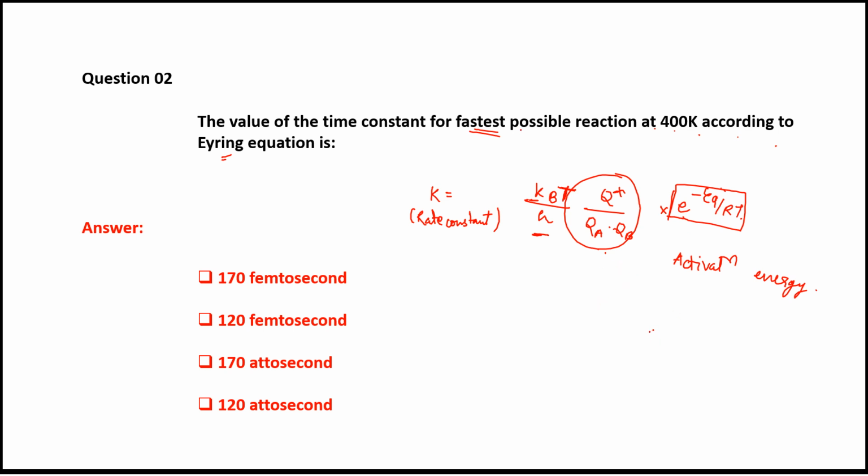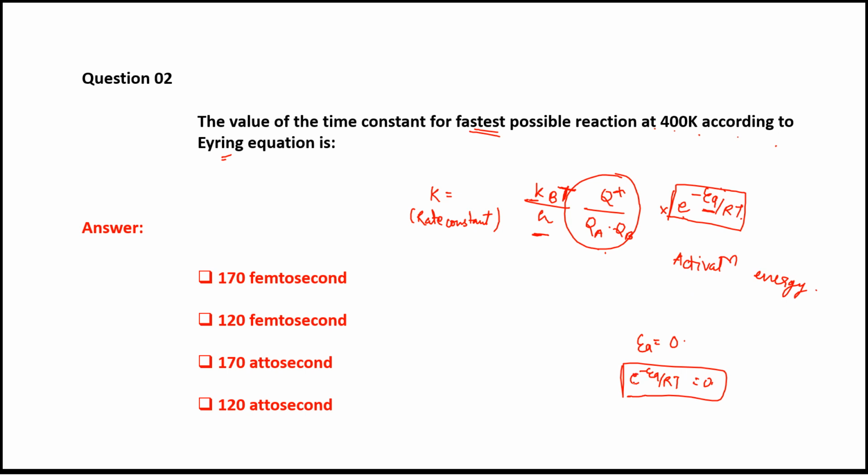If the reaction is the fastest, then the value of the activation energy is somewhere around 0. The lower the activation energy, the faster the reaction, right? So in this case, we consider the activation energy to be 0. If E_A is 0, the exponent turns to be 0.